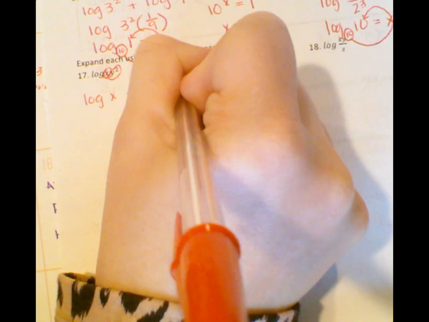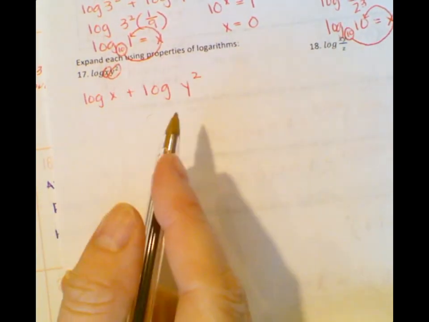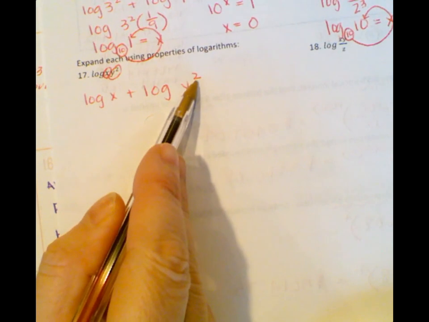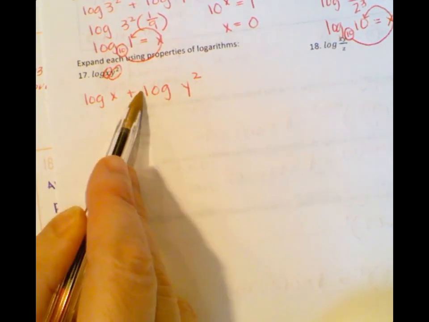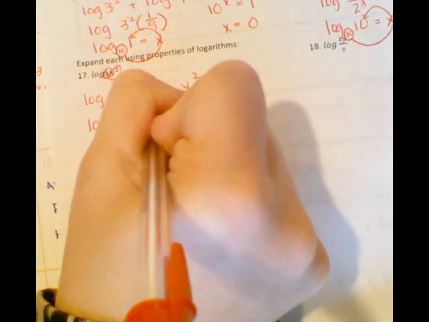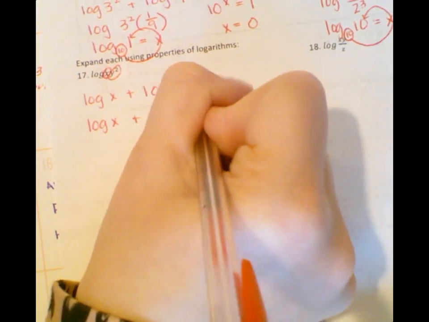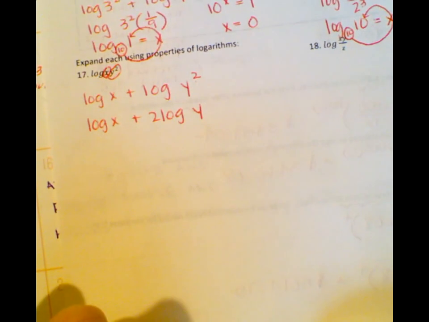So when I expand them, what's the opposite of multiplication? Yes, addition. So I'm going to go ahead and expand them by using addition. Okay, so I just expanded by using addition. Now you see this little squared right here? I need to bring him to the front and then he's done. So log x plus 2 log y. So there you are. You just expanded it.